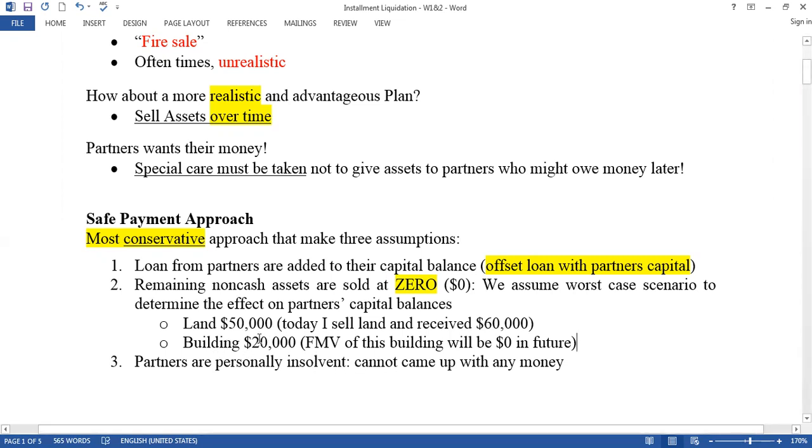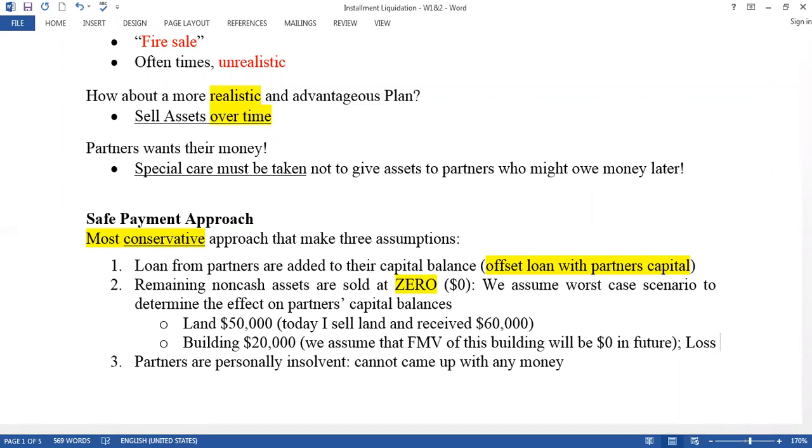So this is the remaining asset. I sell the land today, and the remaining asset is the building, and we assume that the fair market value of this building will be $0 in the future. So what is the loss here? If fair market value is $0, that means our loss is $20,000.